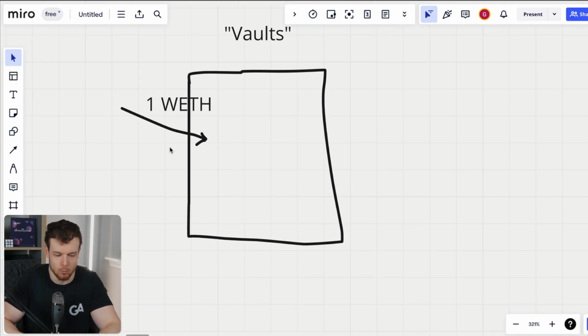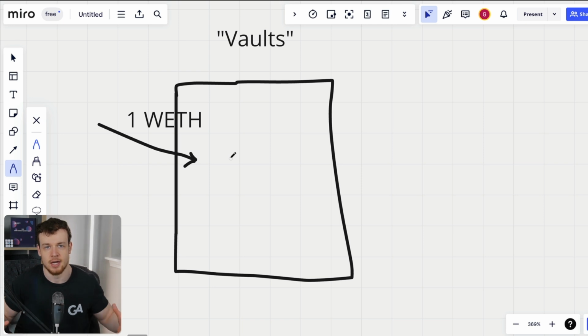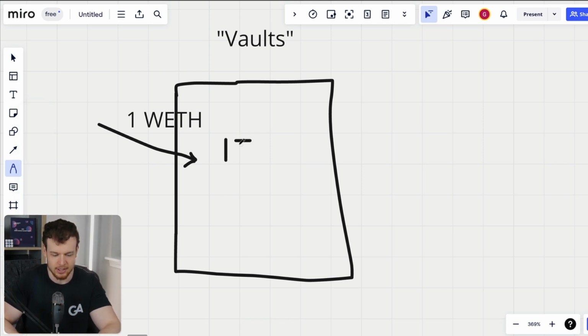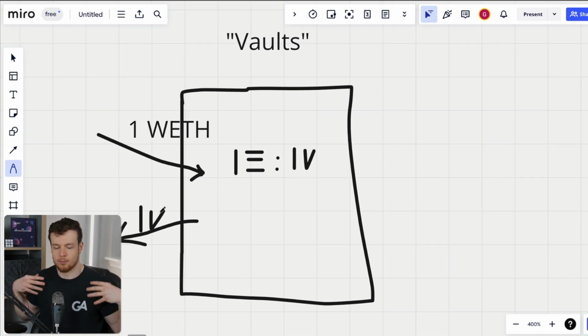So if I put one wrapped ether into this system, and the exchange rate is determined to be one wrapped ETH per one vault token, then I will put one wrapped ETH in and I will get one vault token out. And I'm just going to use V to represent the vault token. So what is this vault token?